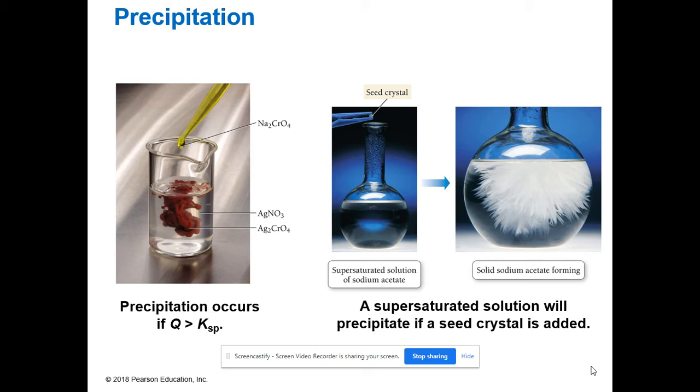On the right, if we had a supersaturated solution, you can see in the middle picture that we don't know if our Q is greater than our KSP unless we disturb it. So in this case, they added a seed. That disturbed our equilibrium, and all of a sudden we end up getting solid sodium acetate forming. So this one did have a Q greater than the KSP. We just couldn't tell that until we added a seed crystal.